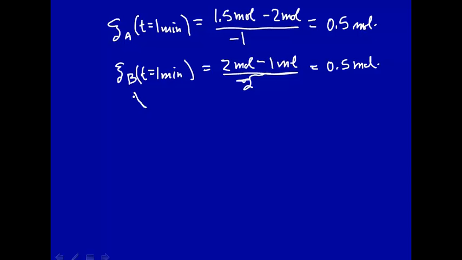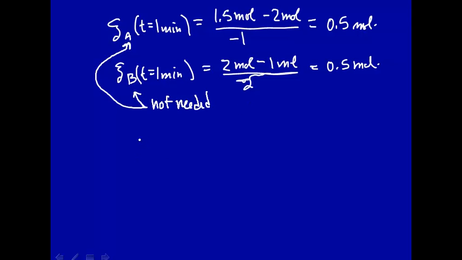So that's why these subscripts here are not needed. The extent of reaction does not depend on what reactant or product you choose because of the way it's defined, and that minus sign will take care of disappearance of reactants.